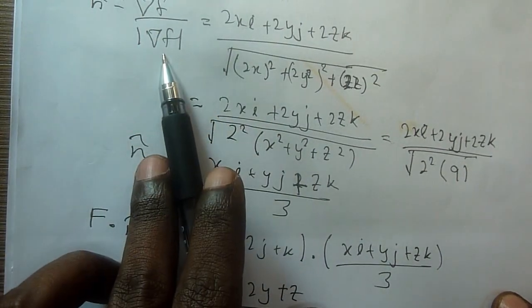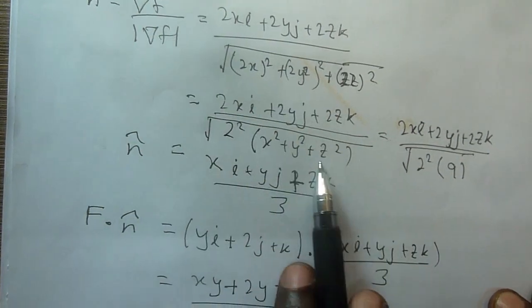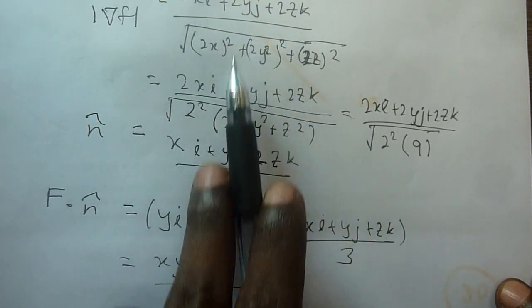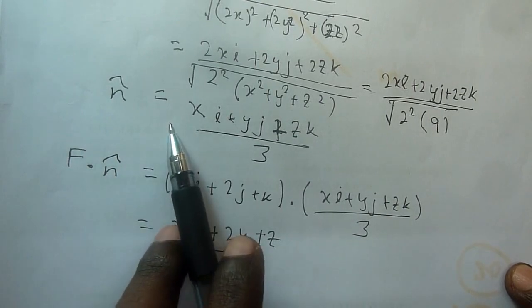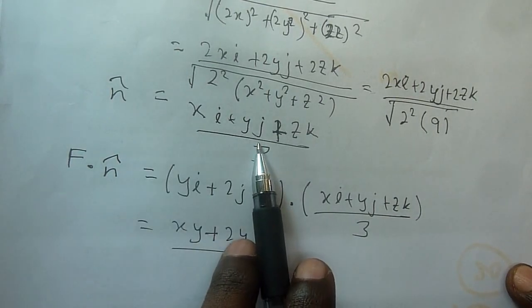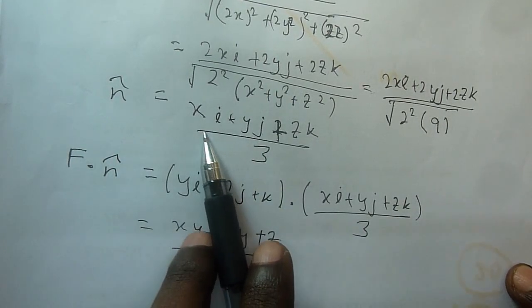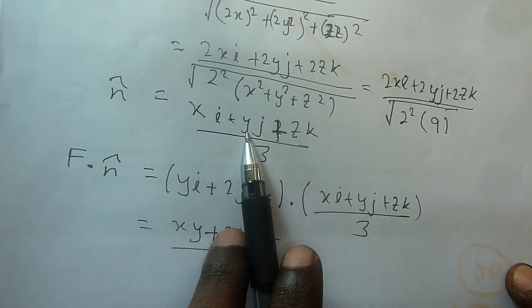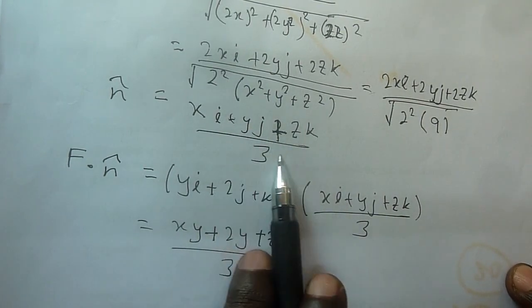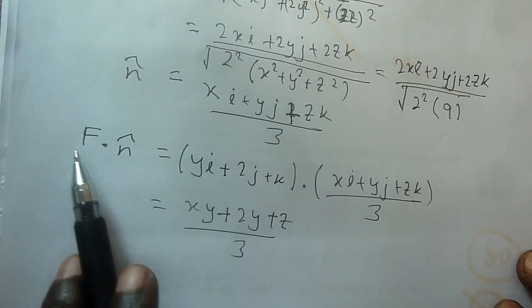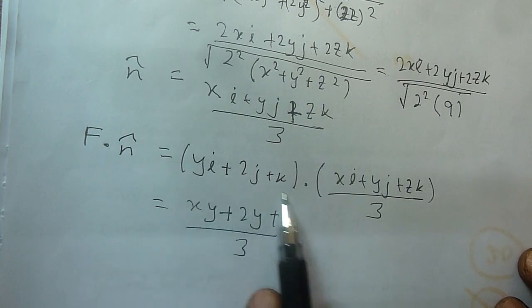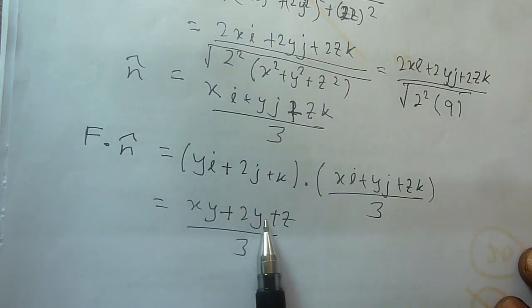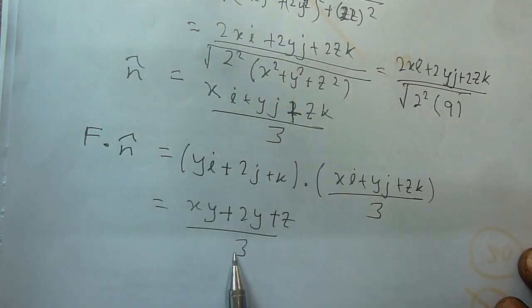I explained how to find it, and it's a revision again. We found n exactly as xi plus yj plus zk divided by 3, and the dot product with F gives the answer xy plus 2y plus z, over 3.